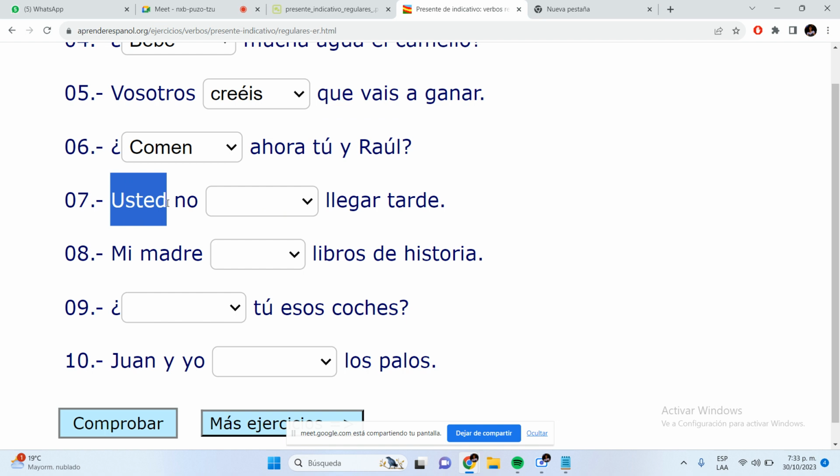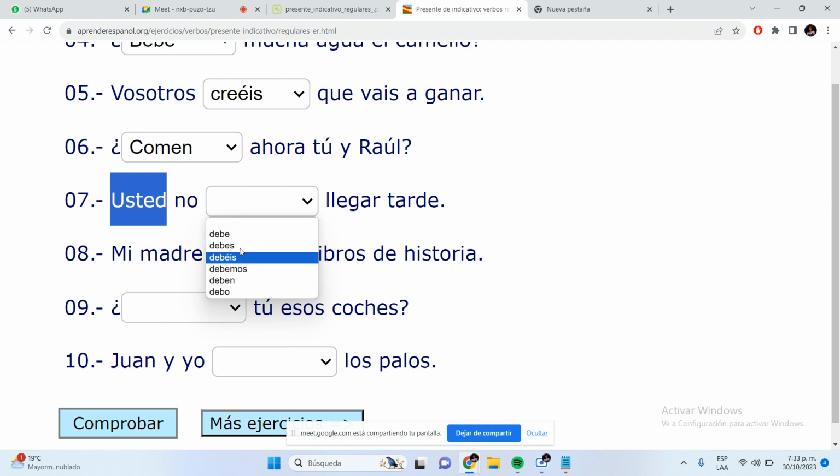And here, usted no... Deber is like to, like must, or should. So here it is: you shouldn't be late. That would be debes, the third one.